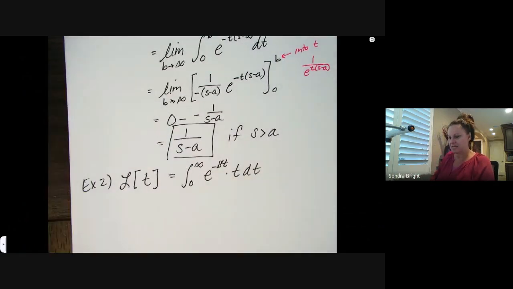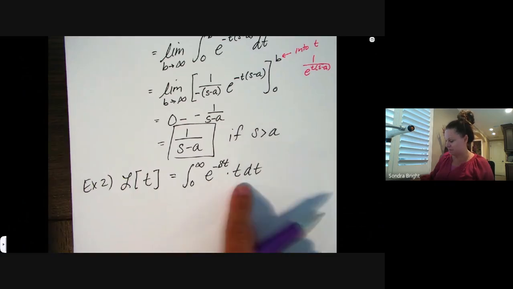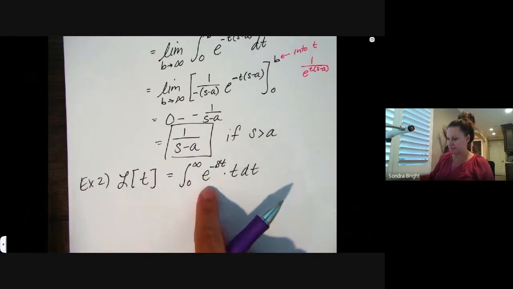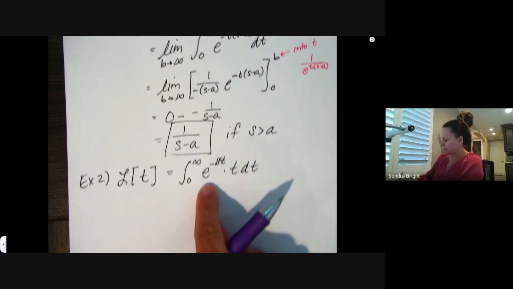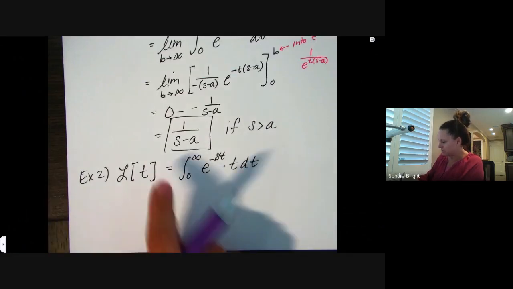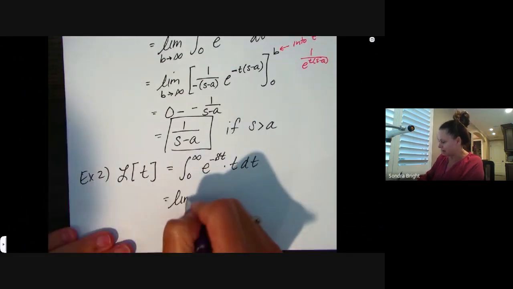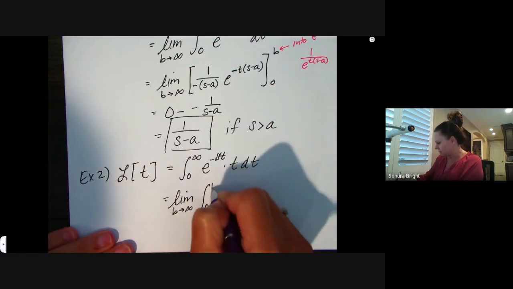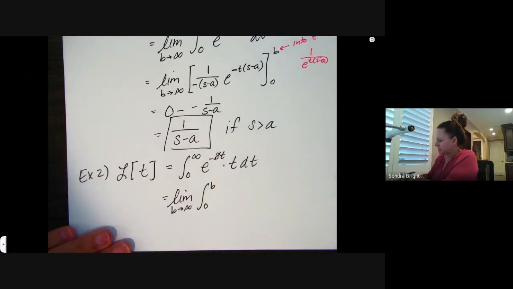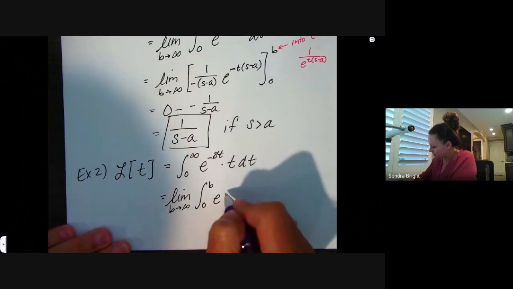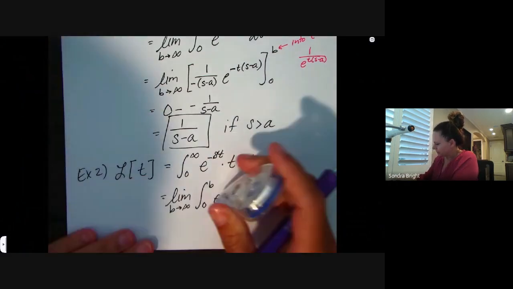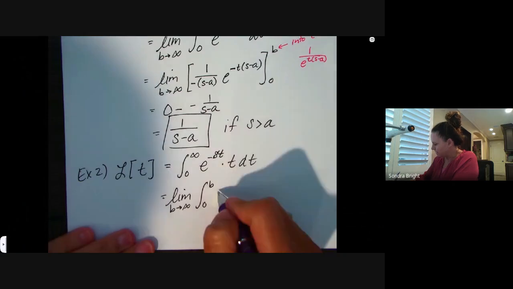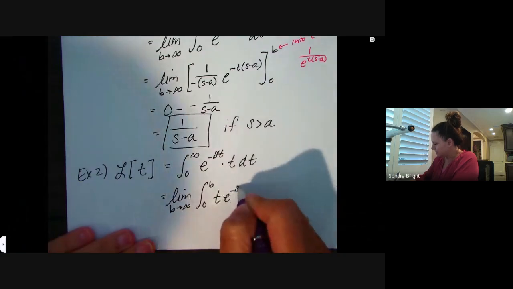Now, you've got to integrate this, and we're also going to be taking the limit as b goes to infinity of the integral from 0 to b of, well, maybe I stick the t in front, how's that, t times e to the negative s t dt.